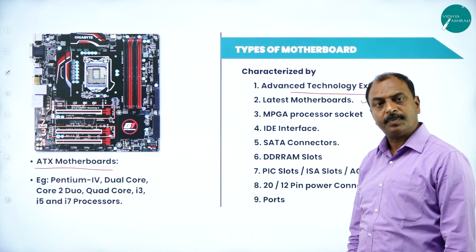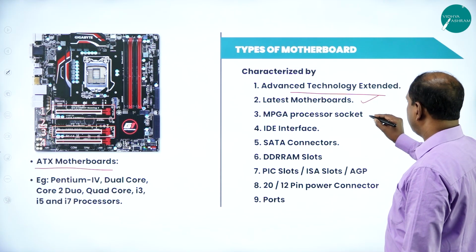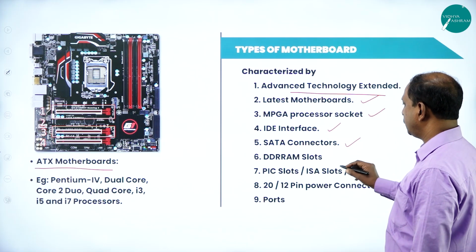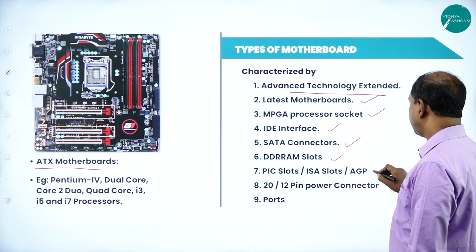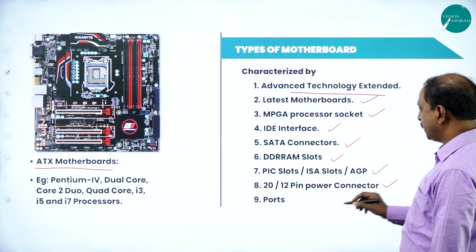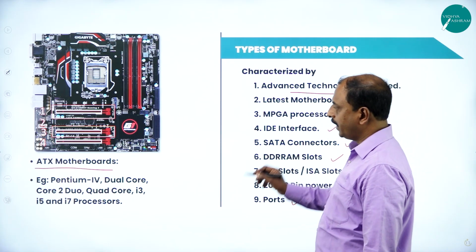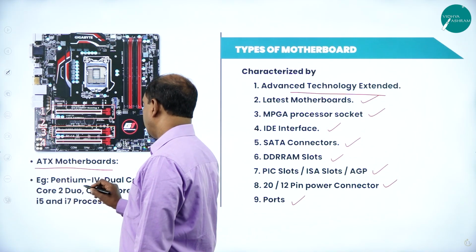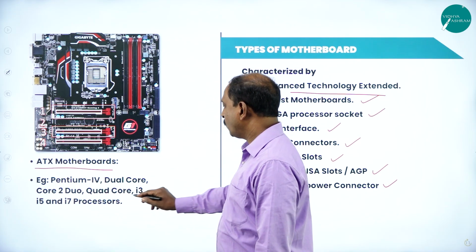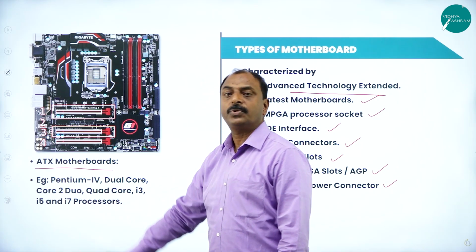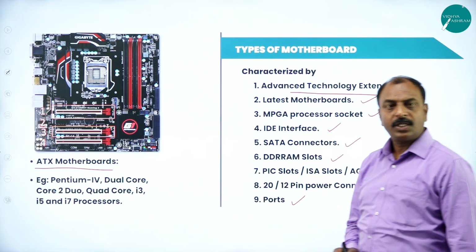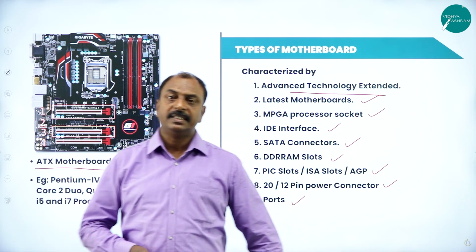It has an MPGA processor socket, IDE interface, SATA connectors, DDR RAM slots, PCI slots, and AGP slots, and again 12 and 20-pin connectors as well as ports. Examples are what we have seen in the P4 or dual core, Core 2 Duo, quad core, and i3, i5, i7 processors. All these come under the ATX motherboard. As of now, the ATX motherboard is the latest motherboard.